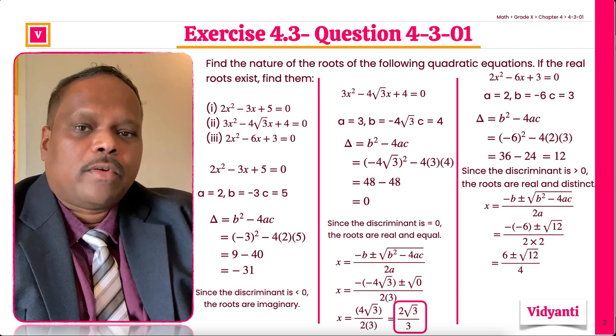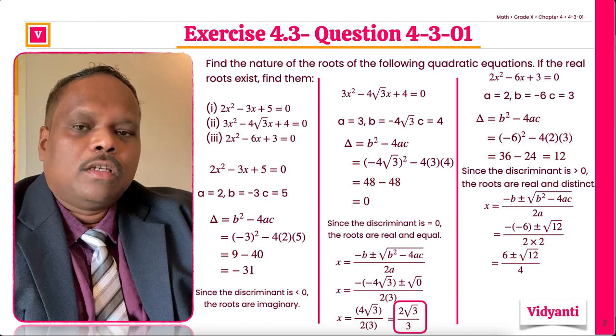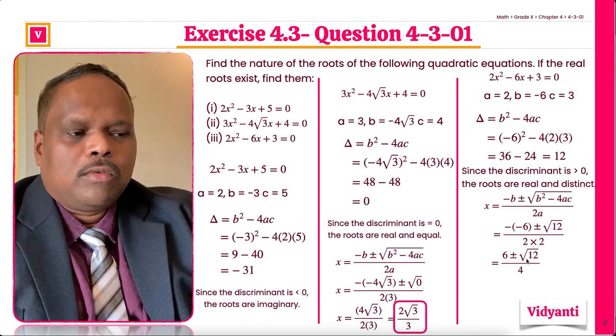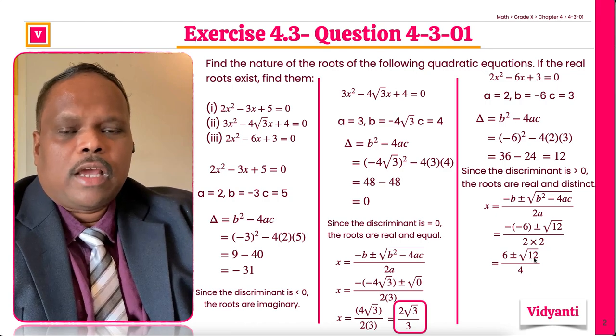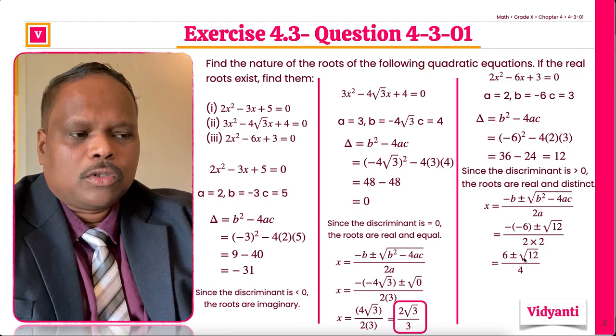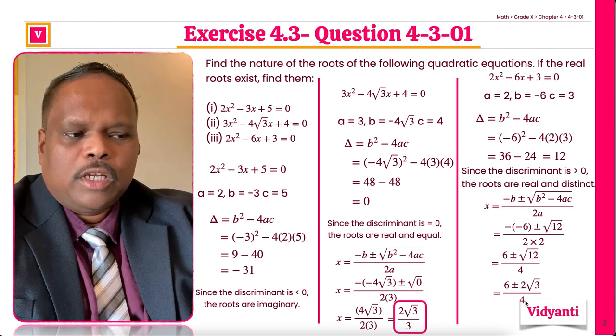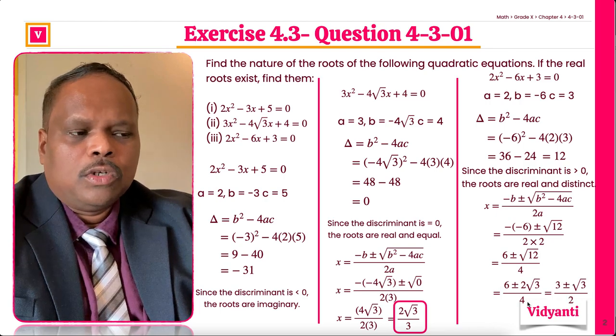Here 4 is a perfect square, so we can take its square root. It will become 2 because it came out of the square root, but 3 remains under the square root. So this will become 2 root 3. So 6 plus or minus 2 root 3. Now if you notice, there is a factor of 2 common throughout the expression. So let us divide everything by 2. This will become 3 plus or minus root 3 divided by 2, and that will be your final answer.